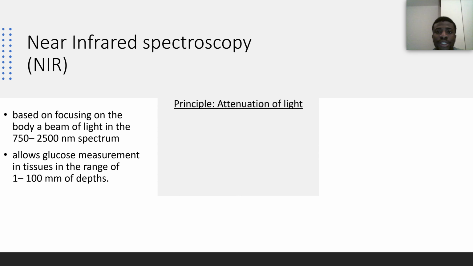The light focused on the body is partially absorbed and scattered due to its interaction with the chemical components within the tissue. This phenomenon is known as an attenuation of light in tissue, and it is described according to the light transport theory, which can be mathematically depicted by the following equations, where I is the reflected light intensity, I subscript 0 is the incident light intensity, UEFF is the effective attenuation coefficient, and D is the optical path length in the tissue.